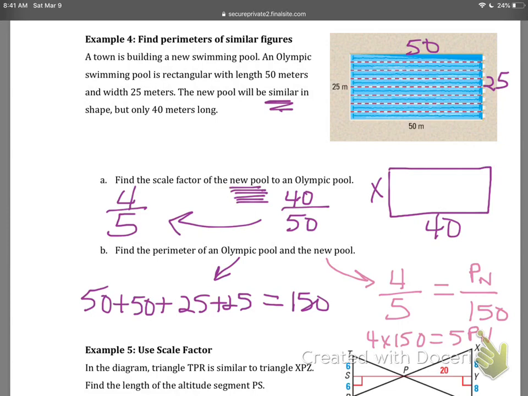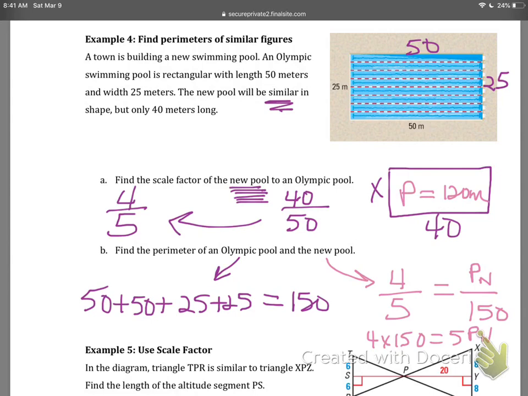So 4 times 150, and then divide that by 5, and I am getting the fact that the new pool will have a perimeter that's going to be equal to 120 meters in length. Okay, so if I add up all the 4 sides, that's what I would get. But I didn't do that. I used the scale factor instead.